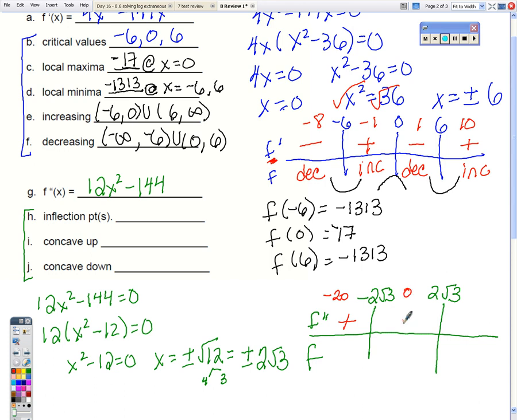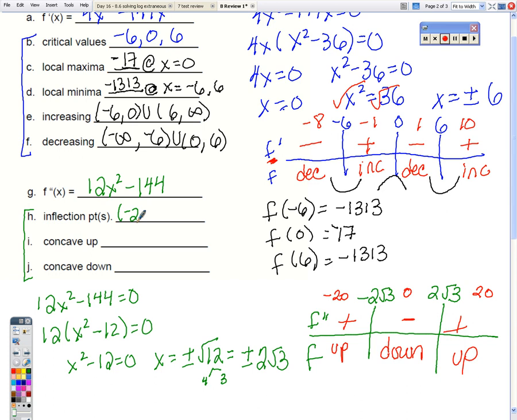When I plug in 0, I get a negative value. When I plug in positive 20, I'm going to get a positive value. So that means our graph is concave up when the second derivative is positive, concave down when it's negative, and up again. So because we change concavity at negative 2 root 3 and positive 2 root 3, those are the two x values of the inflection points.